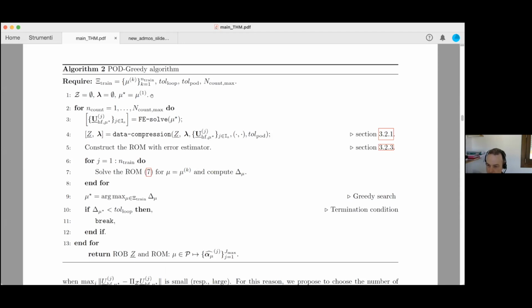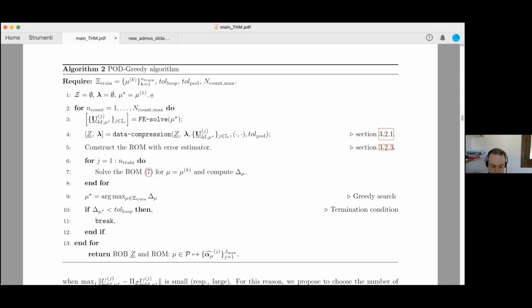Then there is the data compression that is done to enrich and enlarge the reduced space. I won't go into too much detail, but the aim is not to store all the snapshots and to enlarge the reduced space using only the last computed snapshots.